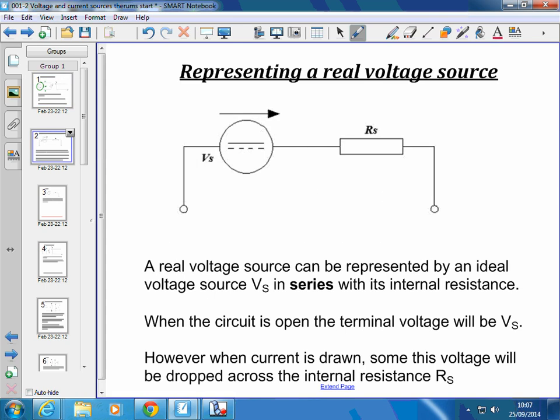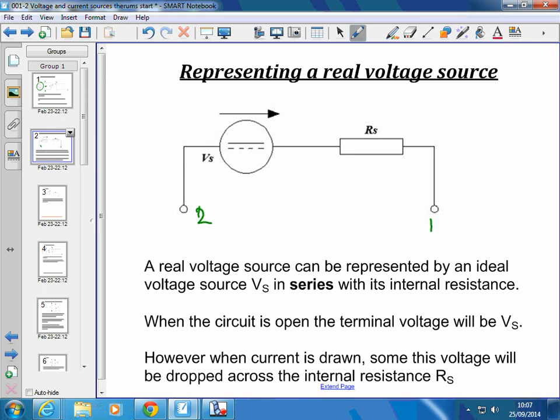So we have a method whereby we can represent a real voltage source. So here's our terminals 1 and 2 we talked about before. But what we've included in the circuit now is a resistor to represent the internal resistance of the source. It's in series with the voltage source itself.